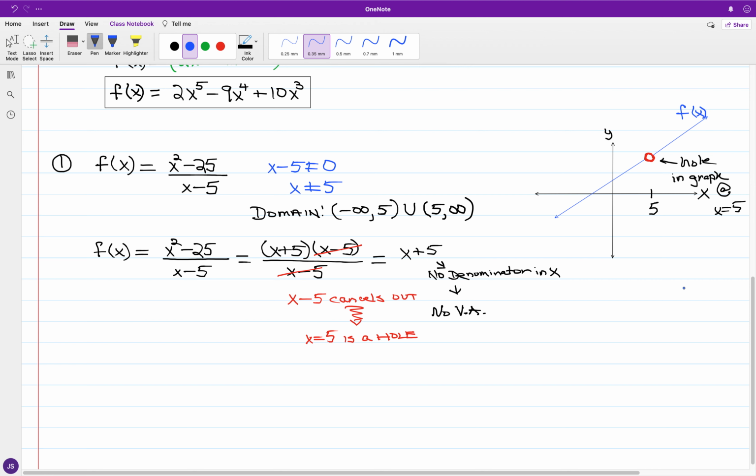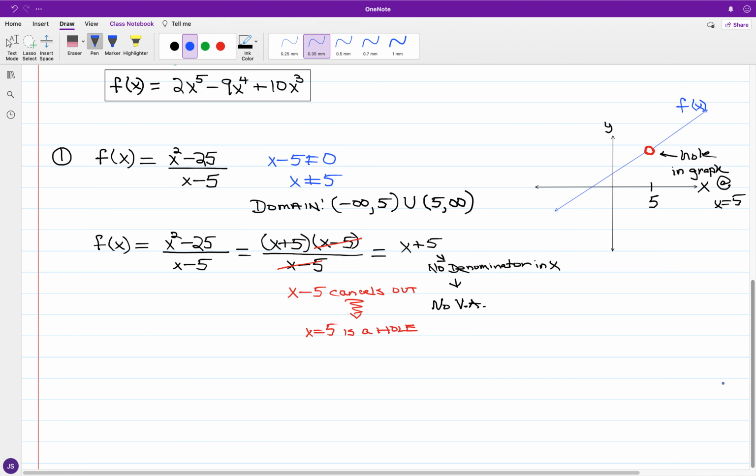Okay, and now for the next item, we're going from f of x to g of x. For this function, you have x squared minus 9 all over x minus 3.